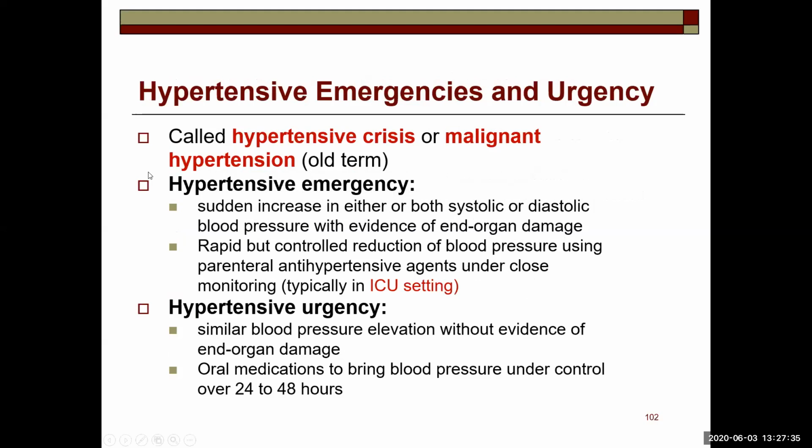So hypertensive emergencies, again, hypertensive crisis, malignant hypertension. We're talking about 200 over 120. If your blood pressure is higher than 200 over 120, then it's very high. You should not be walking around like that, especially if it's untreatable.